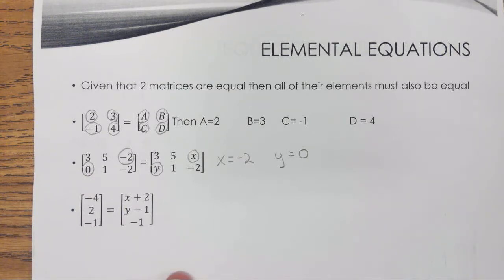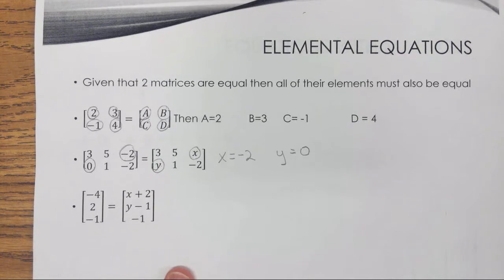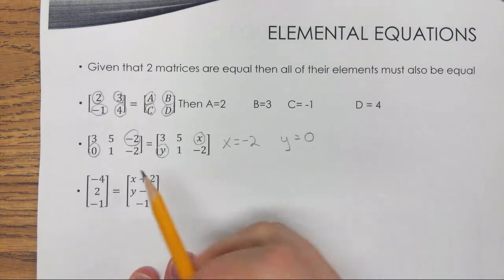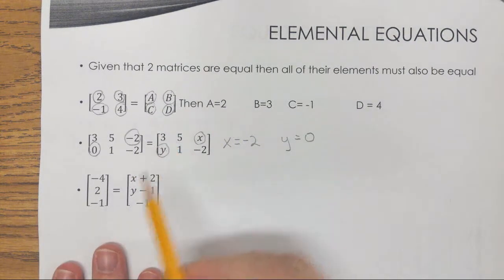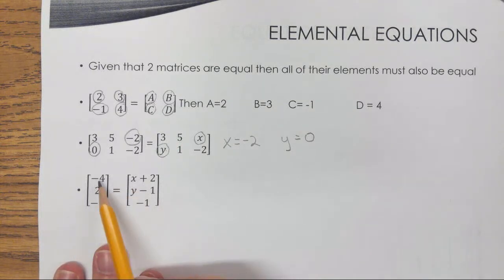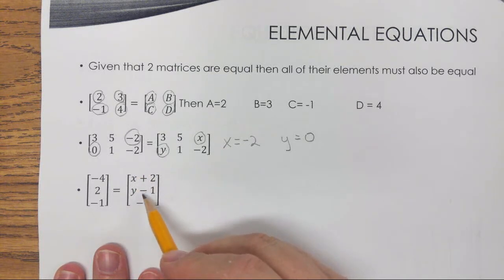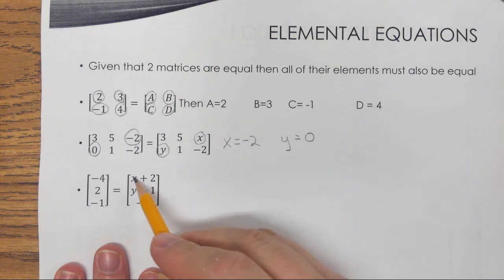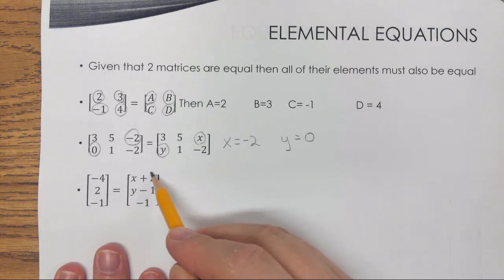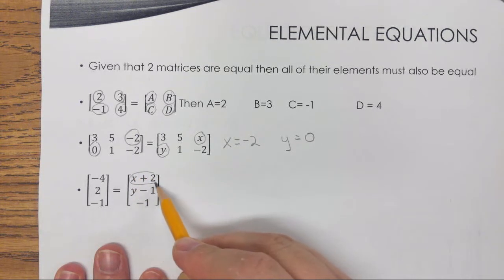Okay. Let's take it up another level. So now I've got this matrix is equal to this matrix. When you've got these things going on in between stuff, like this X plus 2, that is still the first element in this matrix.